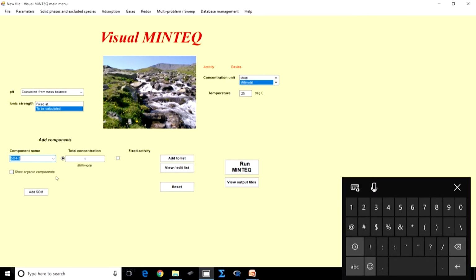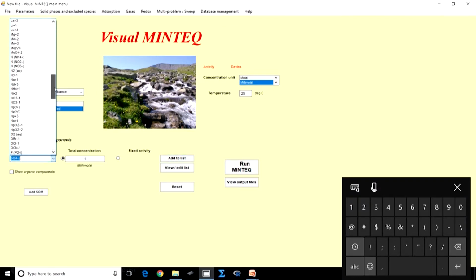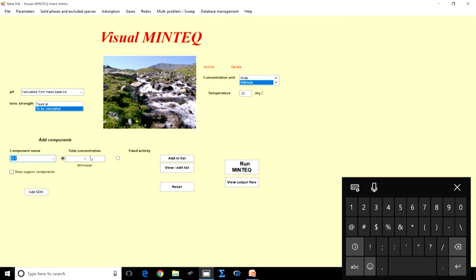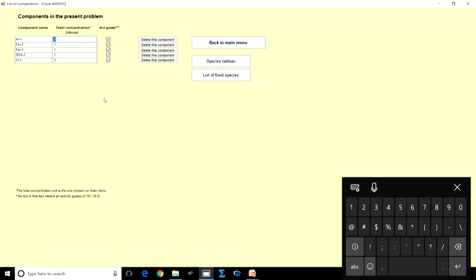Okay, it's right here, and that again add to the list. Cl- though at 3 millimolal, so let's look at where that is, and Cl- is at 3 millimolal, right. So I'm going to have that added to the list, and I know that the pH we are fixing at 7, right. Let's view or edit the list here once: Fe2+, Fe3+, SO4 2- and Cl- total, that's fine here.